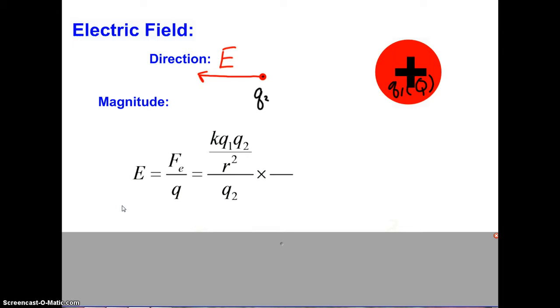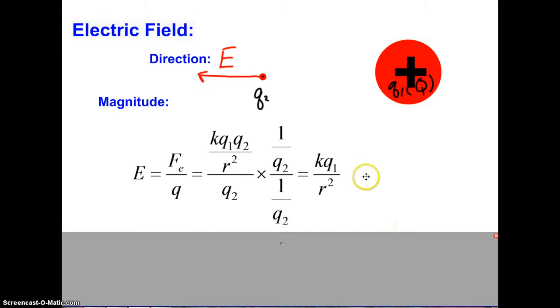Clearly what you see here is a double fraction, so we're going to simplify that double fraction by multiplying both the numerator and denominator by the reciprocal of the denominator. And when we simplify that, you can see that what we get left over is KQ1 over R squared.